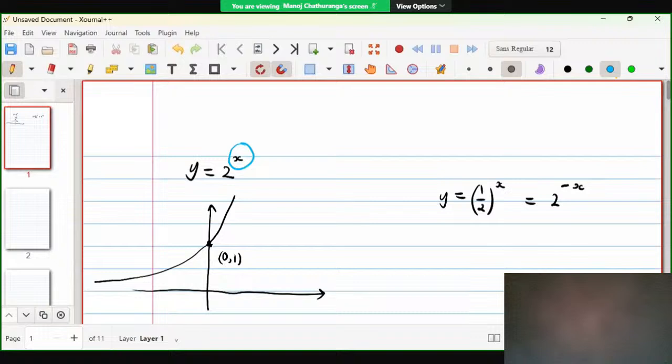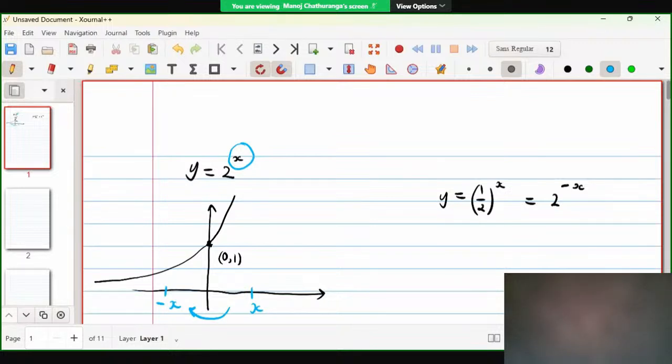When you change positive x to negative x, you flip the direction of the x-axis. That means you keep the y-axis in the same place, and you rotate the x-axis around the y-axis.